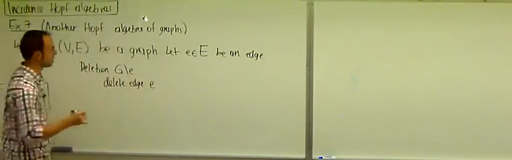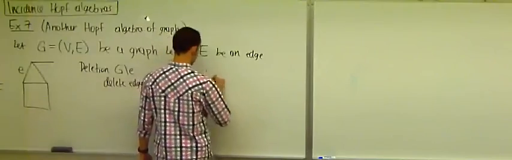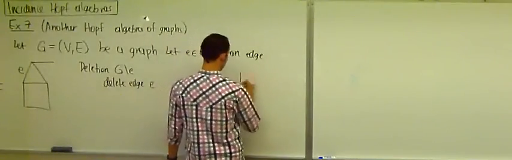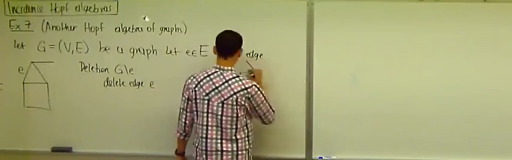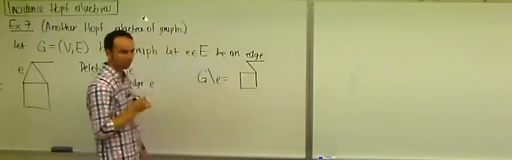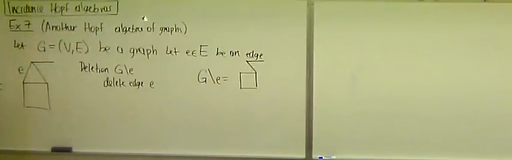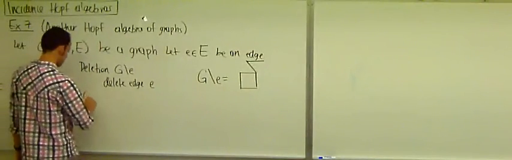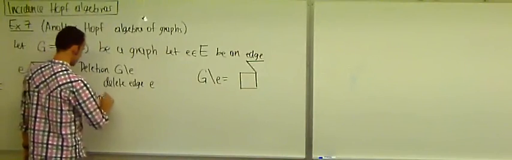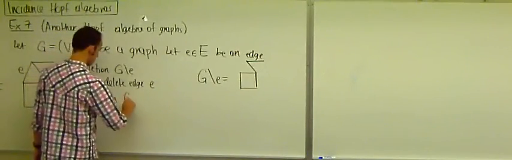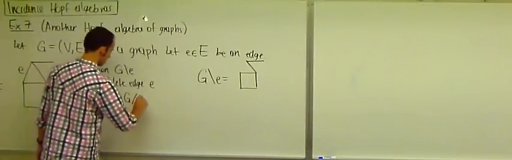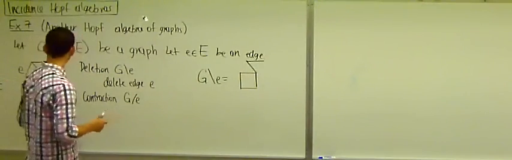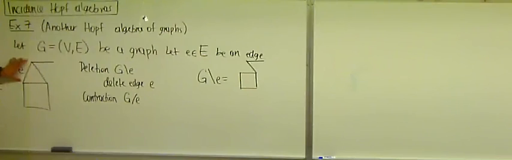So here that's very simple. You take the same graph, you just forget about that edge E. And the contraction is denoted G/E. What you're going to do is take this edge E and contract it into one point and identify the two vertices.